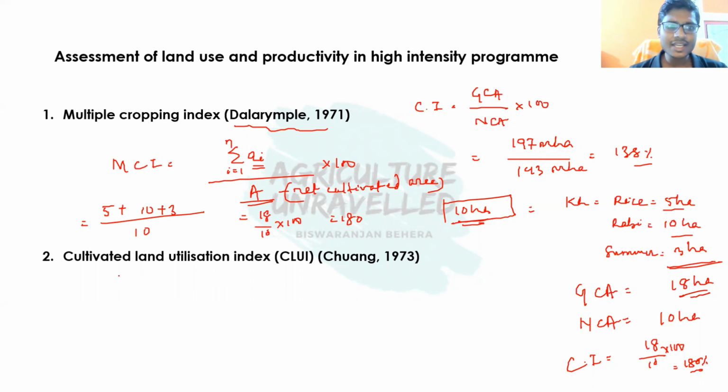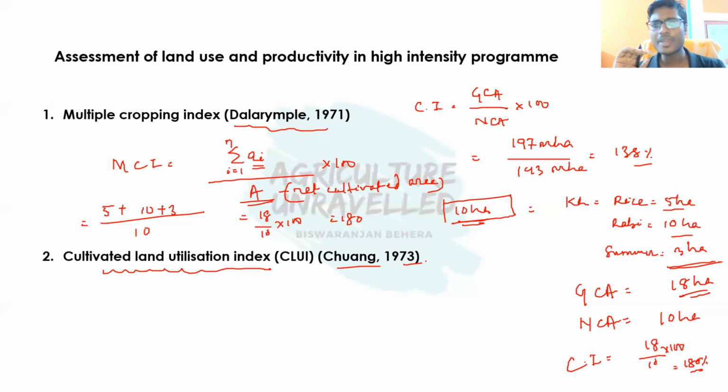Then coming to the next, that is the cultivated land utilization index. This index was given by Chuang in 1973. It is very important to understand what the cultivated land utilization index is and what its significance is.